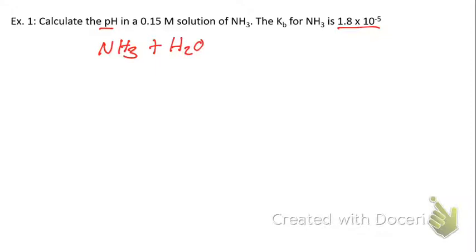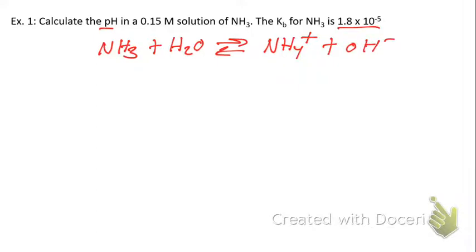Usually if there's no other acid mentioned, the acid is water. The base forms an equilibrium with the acid, and since water is donating an H+, we form the conjugate acid NH4+ and the conjugate base OH-.